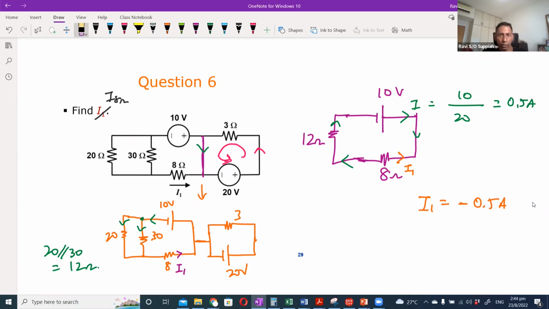But if it's already given, then when we get an answer, we must relate it back to what is already given and base the answer on that. That is why in this case, the current, though it is 0.5 ampere, because it is labeled in the opposite direction of what is really happening, we need to put the negative sign there. So that is question 6.